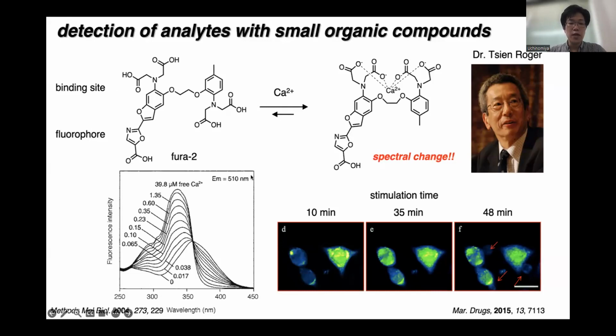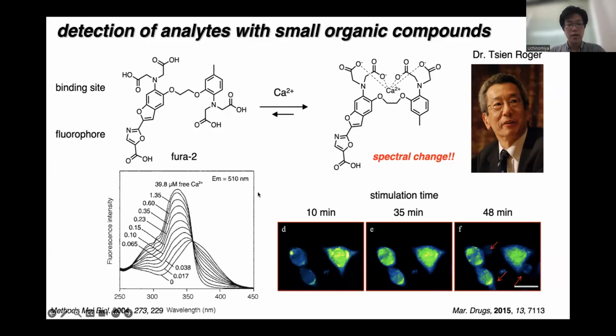And importantly, as you can see, this cell shows a different fluorescence from this one. I mean, after 35 minutes of the stimulation, this cell shows a stronger fluorescence than this cell.